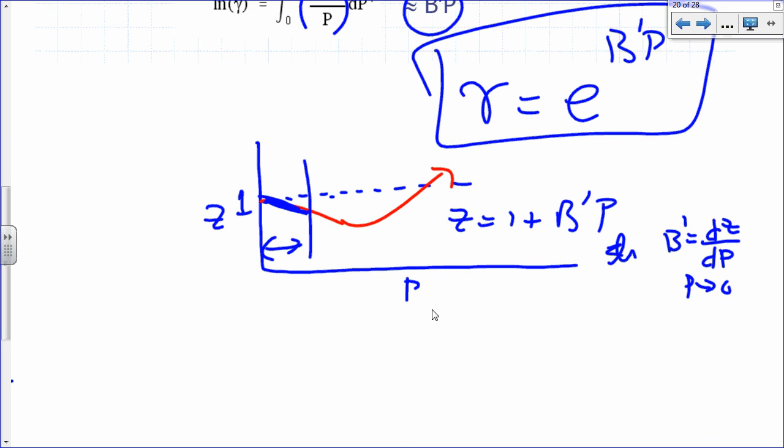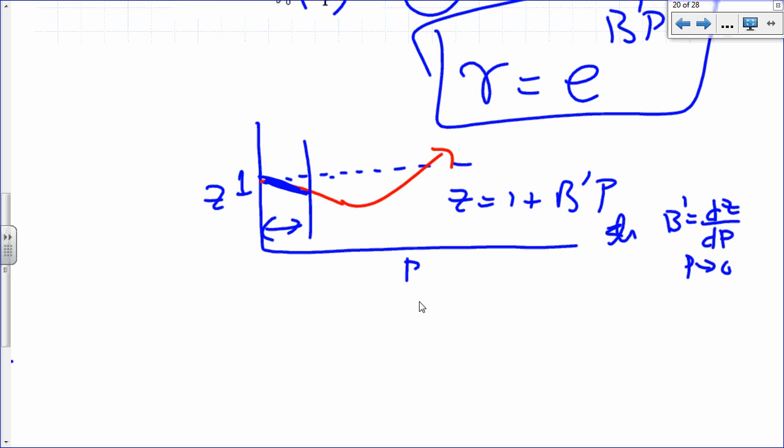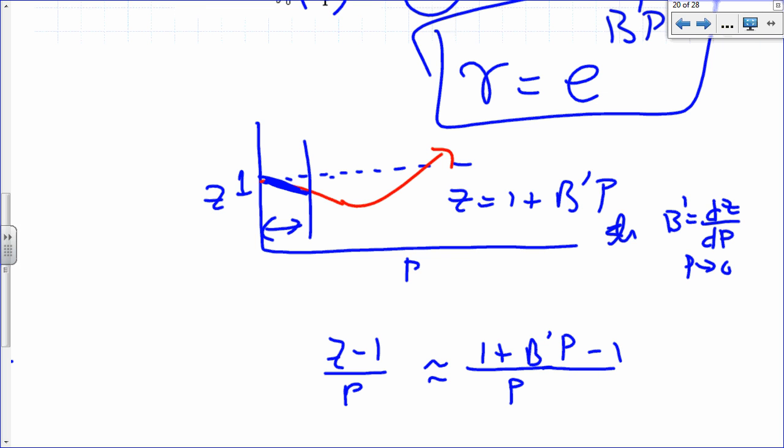If you were to plot Z minus 1 over P dP, okay, what is Z minus 1 over P? So that's approximately 1 plus B prime P over P minus 1. It's just going to be approximately equal to B prime, right?